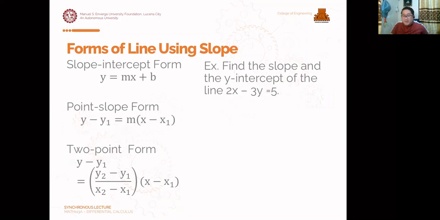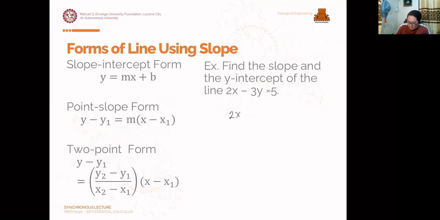Okay? So, paano ina-apply yan? So, meron tayong simple example dito sa right side. So, sabi, find the slope and the y-intercept of the line 2x minus 3y is equals to 5. So, 2x minus 3y is equals to 5 is naka-standard form siya. So, what we can do is to isolate yung y and then combine natin yung terms na hindi y, no? So what we can do is transpose natin si y sa right side, si 5 sa left side, no?